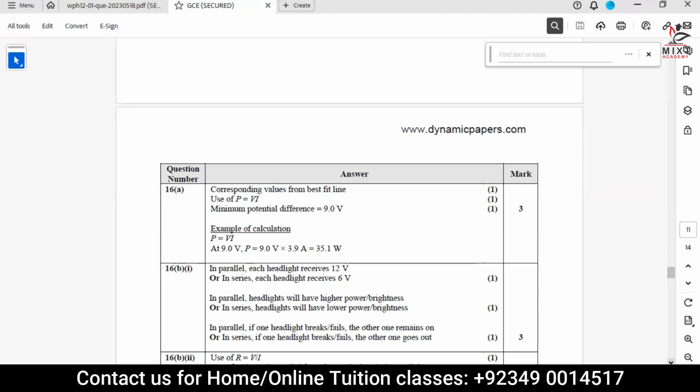Remember that the house wiring is in parallel. For example, if one bulb goes out, fails, or breaks, all your other bulbs keep working with continuity. So that is a parallel connection. It's not a series connection, okay? Remember that.